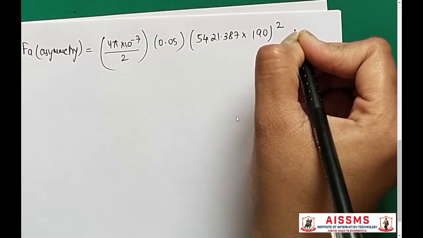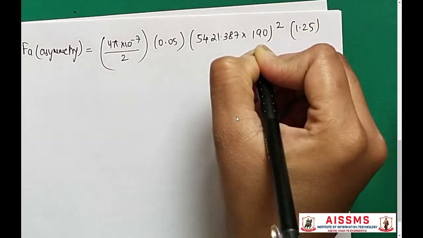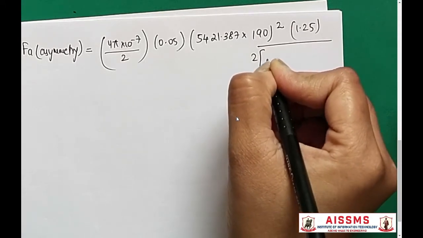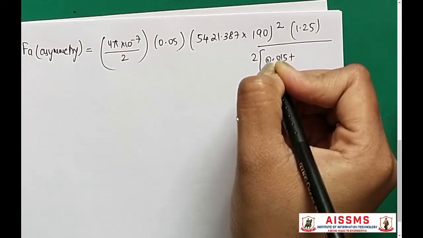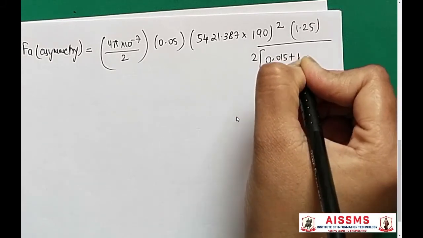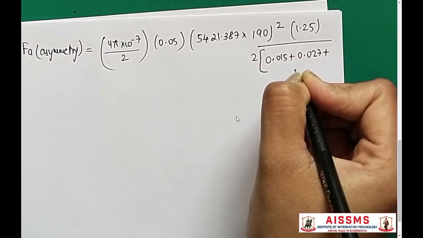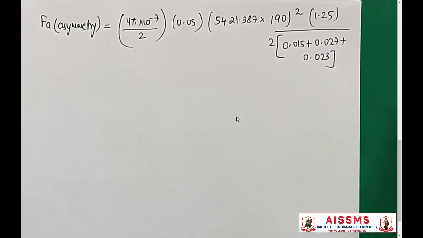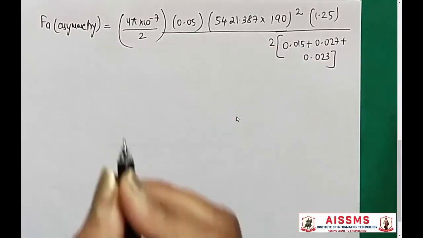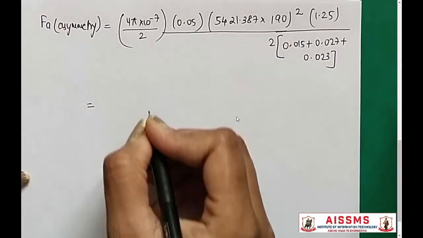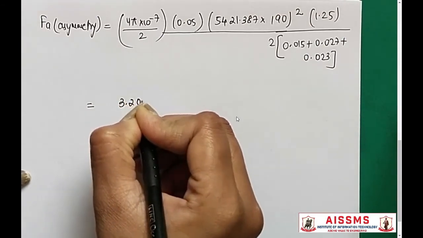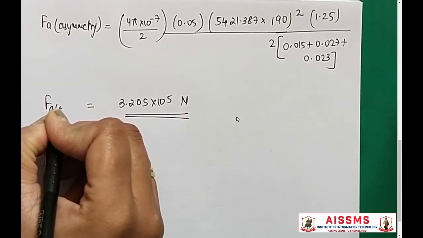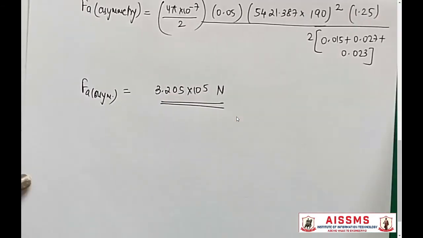LMT is 1.25 upon 2 into A, width of the duct 0.015 plus BP 0.027 plus BS 0.023. You just put the values, calculate it, and it comes out to be 3.205 into 10 raised to 5 newtons due to asymmetry.